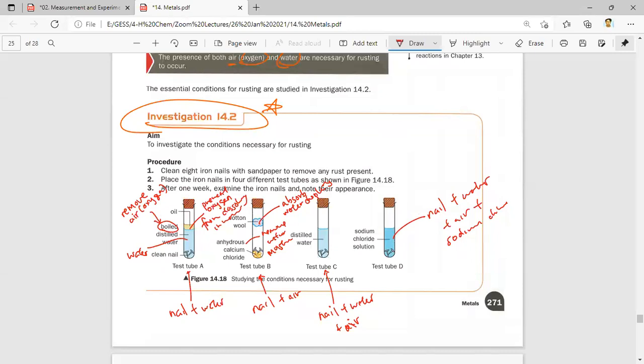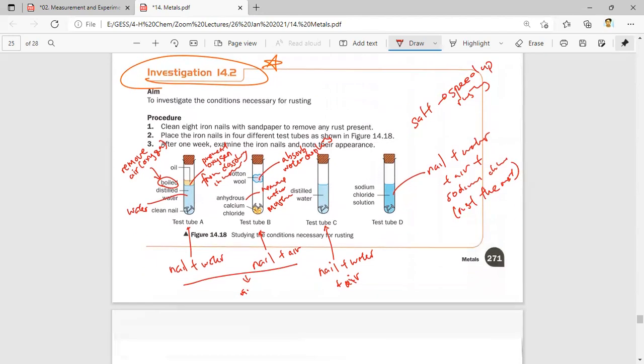So what is actually happening here is that you realize test tube D rusts the most. So what you can conclude from this is that the salt actually speeds up rusting. This is the key point you must think back to. Nail without air, nail without water, no rusting.